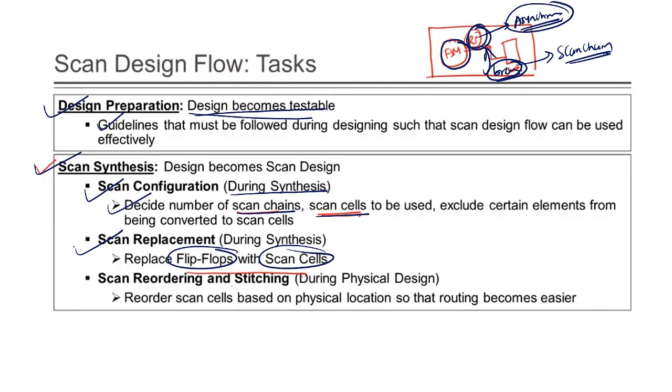And scan reordering and stitching: during physical design you reorder the scan cells based on physical location so that routing becomes easier. You are studying routing in physical design, so during routing it becomes easier. So these are the scan design flows.